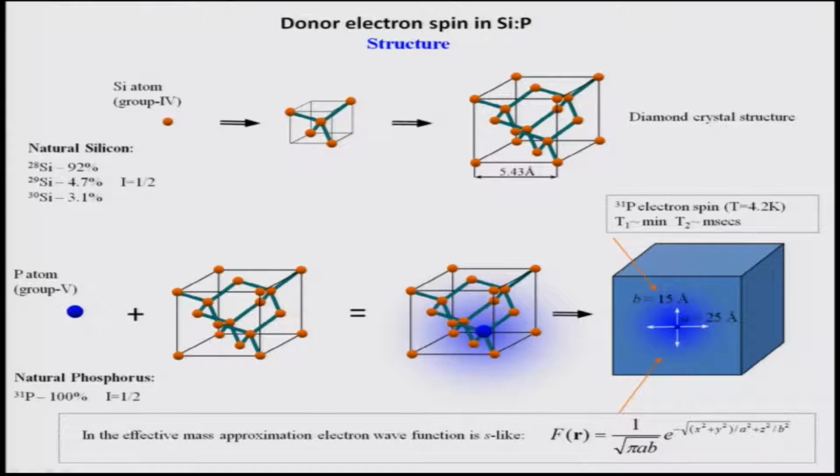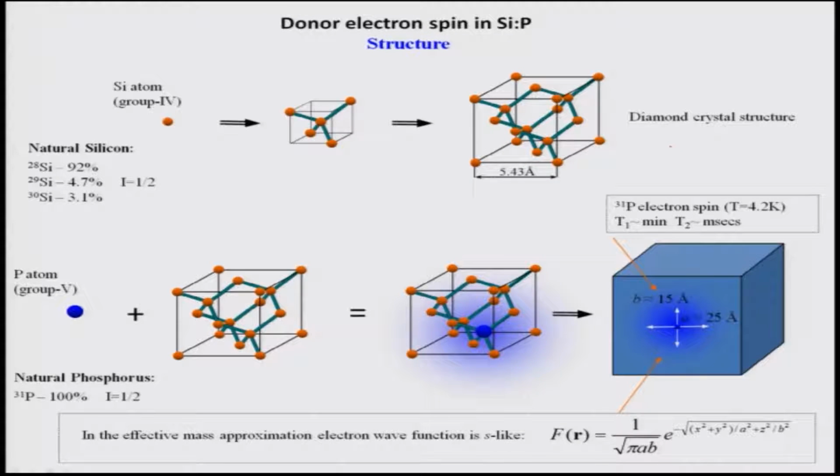Let us in this particular case look back at one of the other implementations which we have also discussed earlier, which is the diamond crystal structure, in which we use the donor spin electron as a qubit.